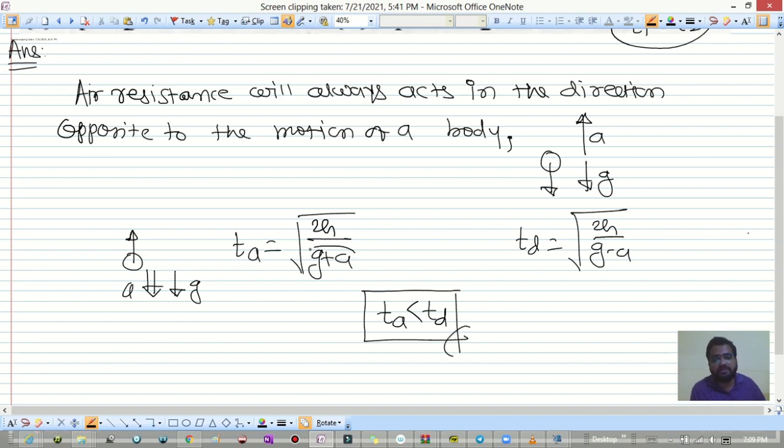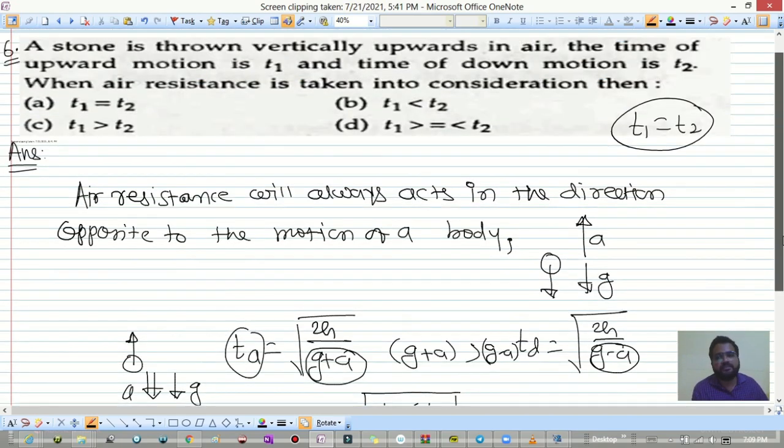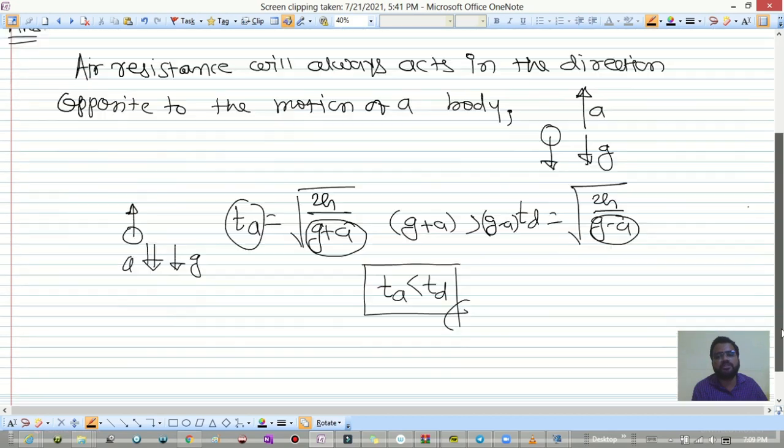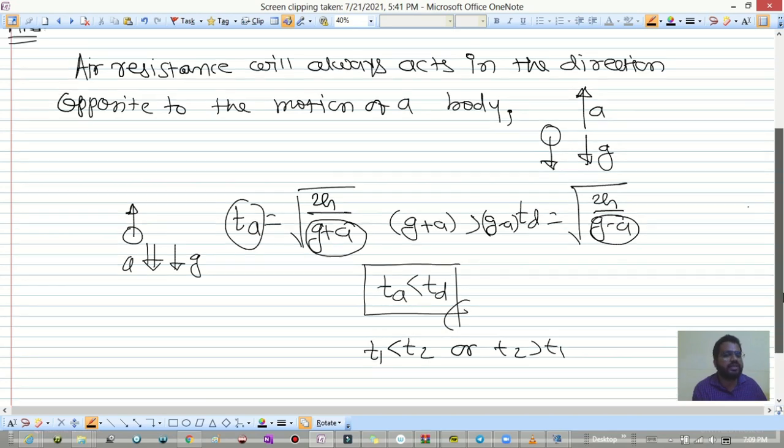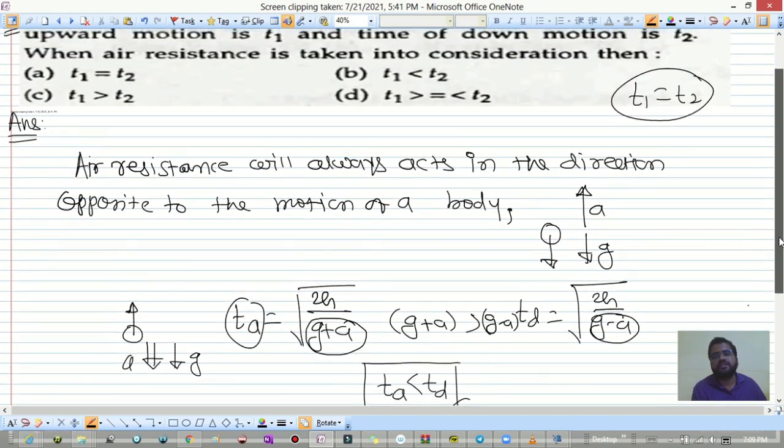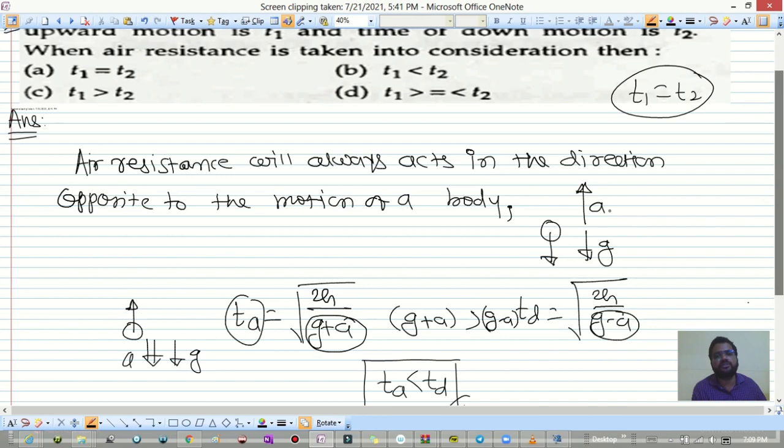Because g plus a is greater than g minus a, isn't it? Greater in the denominator indicates that term is lesser. It is given upward motion is T1, so T1 is lesser than T2, or we can write T2 is greater than T1. T1 is lesser than T2, and it is given in option B.